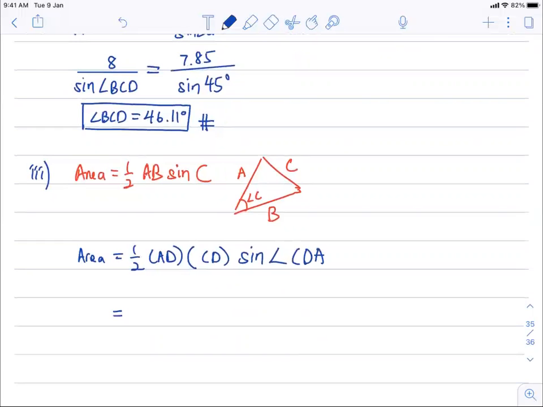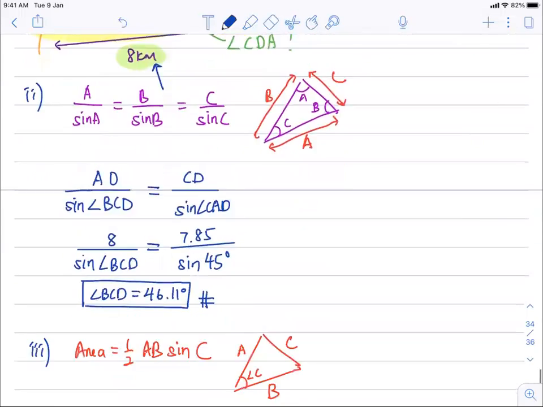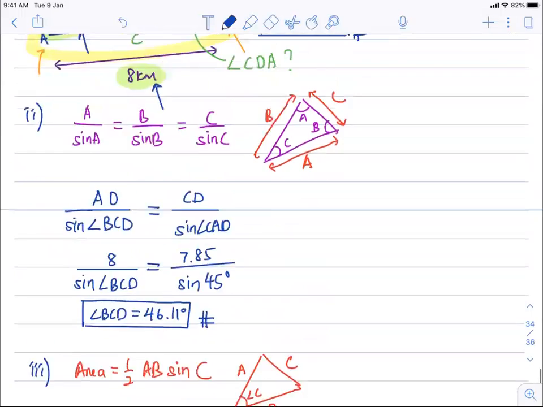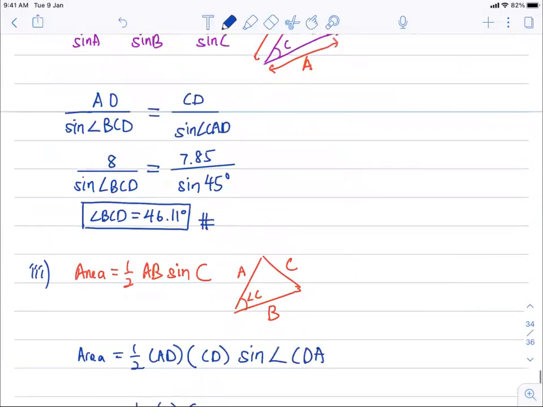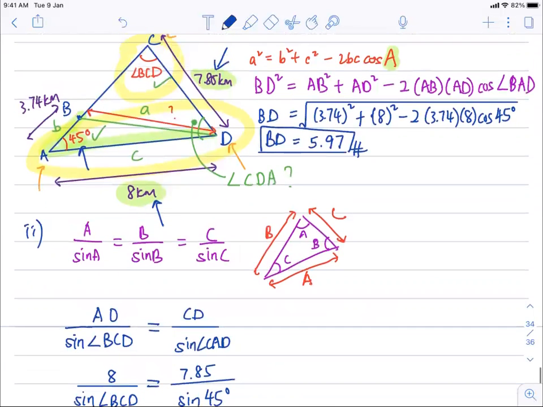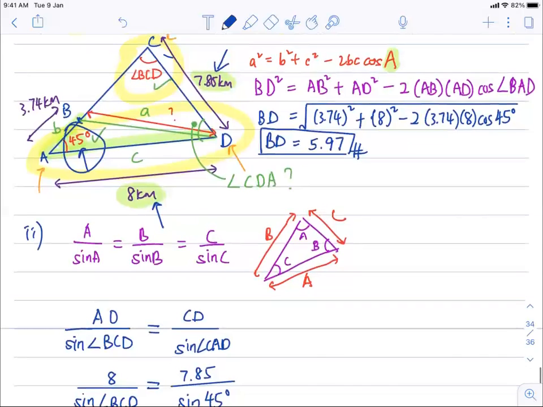So let us substitute in the numbers. AD would be 8 km. CD would be 7.85. And then angle CDA would be 180 degrees minus 45, and angle BCD.